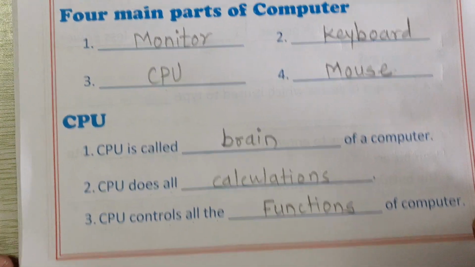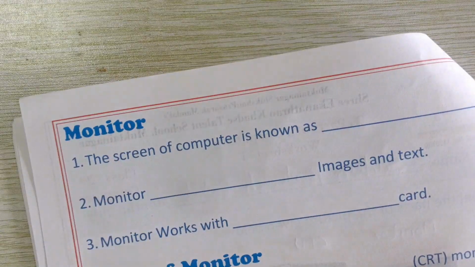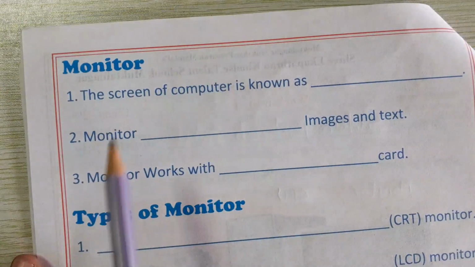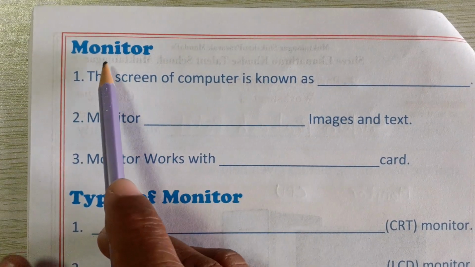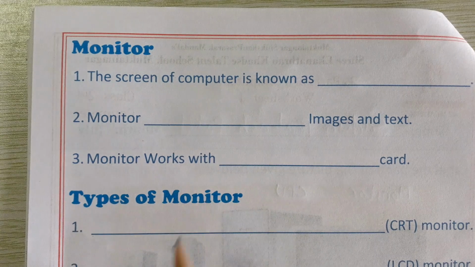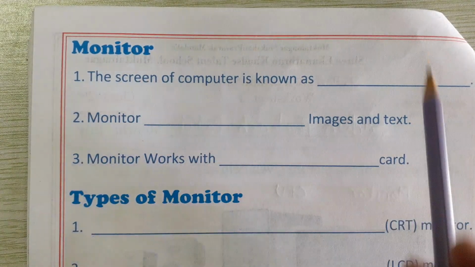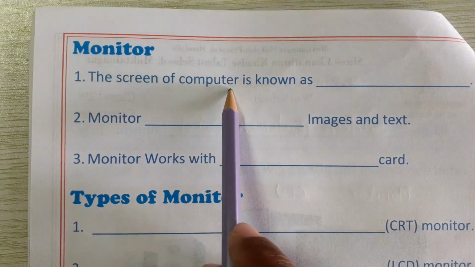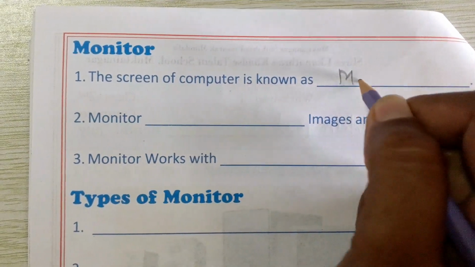Now turn the page. On the next page, see. Now we see about the monitor. What is a monitor? The screen of a computer. Have you seen the screen? TV like screen. The screen of a computer is known as a monitor.